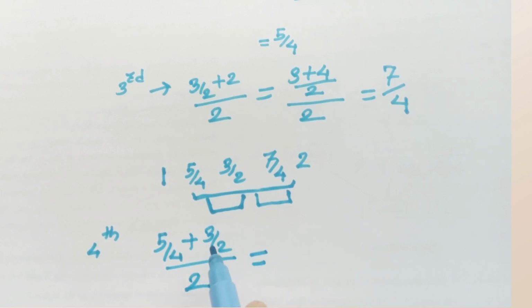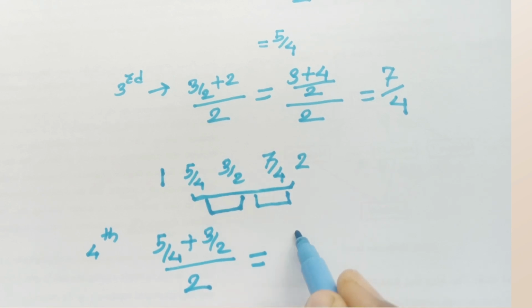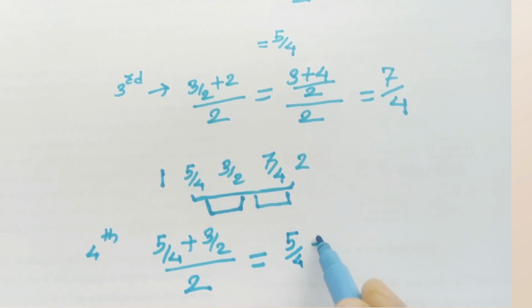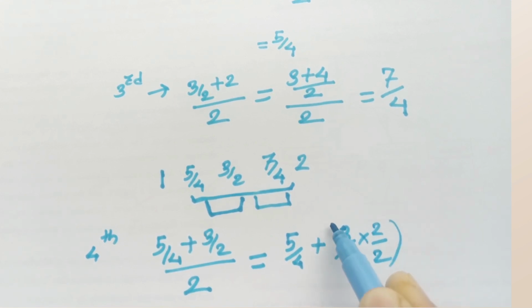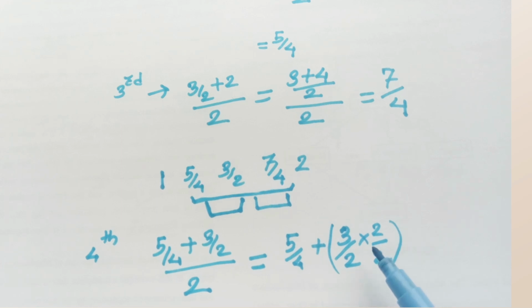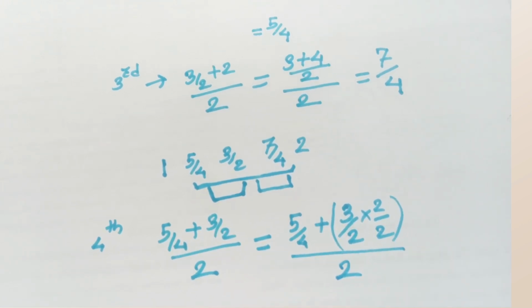Then here convert this number to having base 4. So 5 by 4 plus 3 by 2 into 2 by 2. What happens by multiplying and dividing by 2 is that in the base you will get 4, and here divided by 2 as it is.